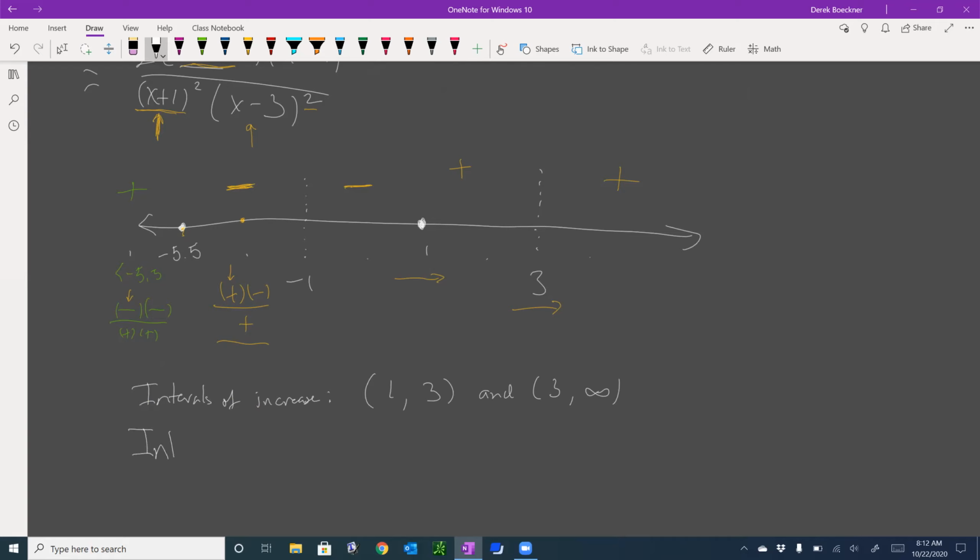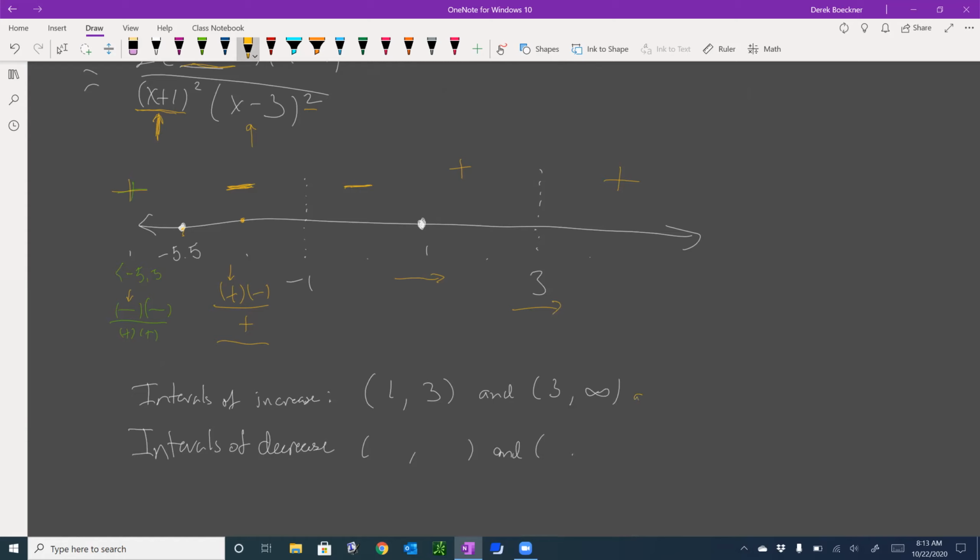Intervals of decrease. We would have negative infinity up until negative 5.5, and we would have negative 5.5 up to negative 1. Oops, sorry, I missed one, didn't I? This is not correct. I have this green interval over here, right?